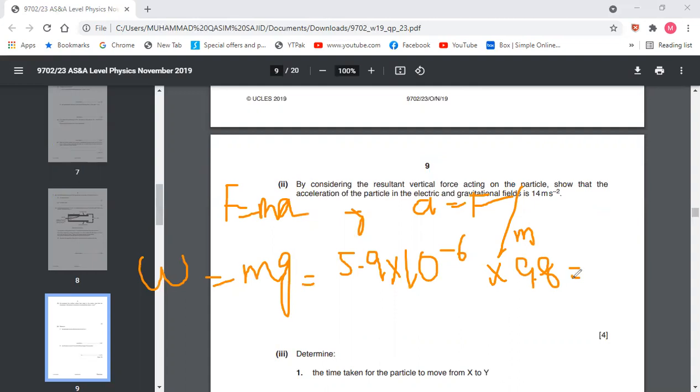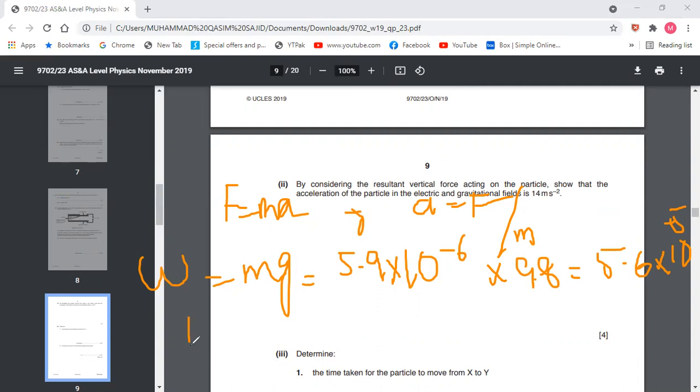Kindly calculate it. 5.6 into 10 raised to power minus 5. Okay, so this is the value of W.